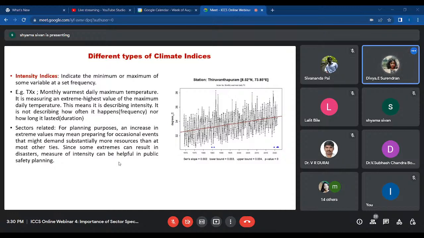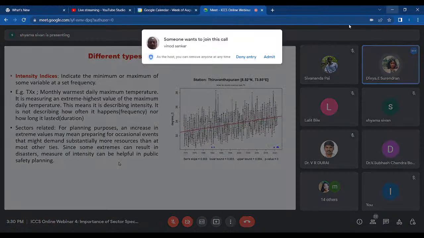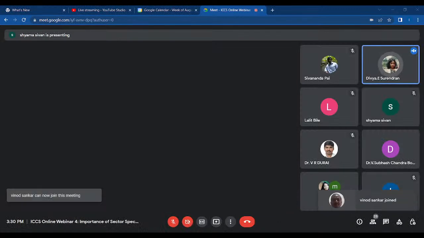This helps us identify the intensity of that particular variable for the period we are considering for the study.